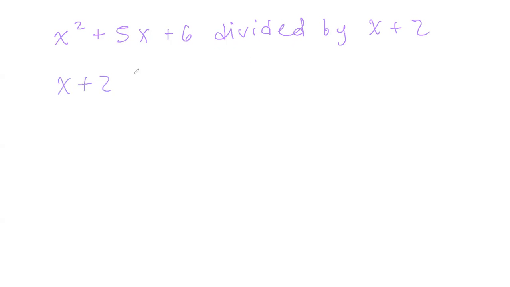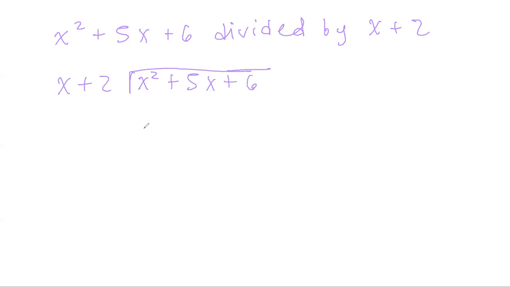But I'll get into it here. So, okay, let's start small. So let's say x squared plus 5x plus 6 divided by x plus 2. So this is the same thing as saying, oh, okay, x plus 2 is dividing x squared plus 5x plus 6.